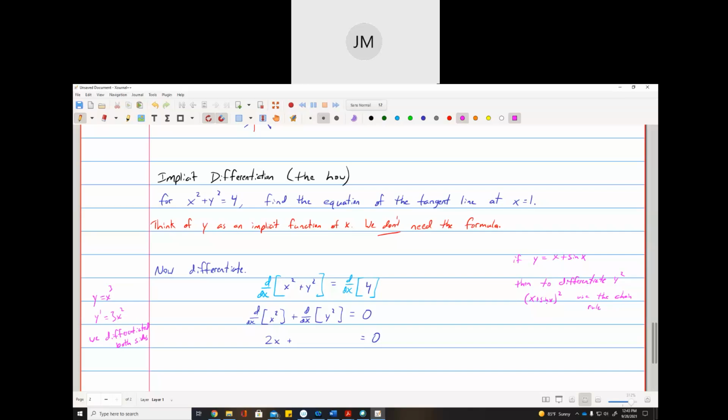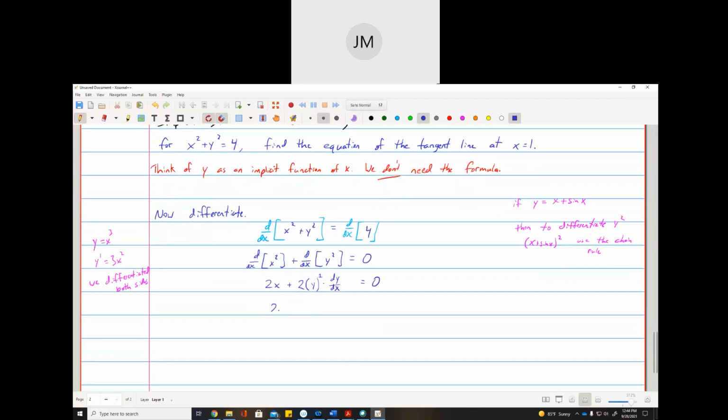So let's try that same process here. My outside function is stuff squared. So the derivative of that, according to the chain rule, is 2 times the inside function to the power of 1, times the derivative of the inside stuff. Well, if the inside is y, the way that I can write the derivative of y would either be y prime, or I'm going to use Leibniz notation and write dy dx.